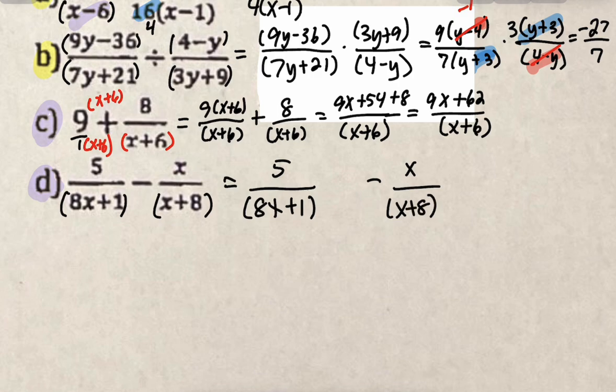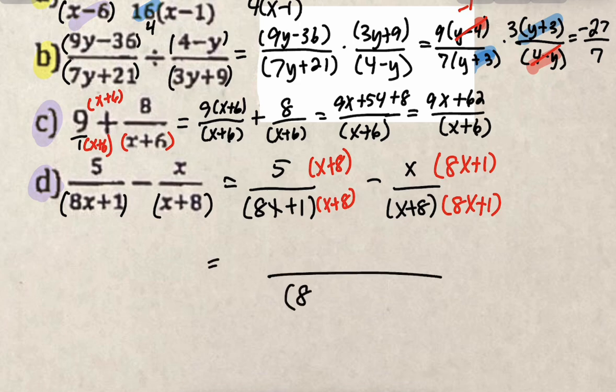Okay. I think of it as flip-flopping denominators. The left denominator has 8x plus 1 that the other one needs, and the other denominator has x plus 8 that the first one needs. So just flip-flop. This one we're going to multiply by an x plus 8 on top and bottom. This one we're going to multiply by an 8x plus 1 on top and bottom. So you just flip-flop denominators, and multiply top and bottom.